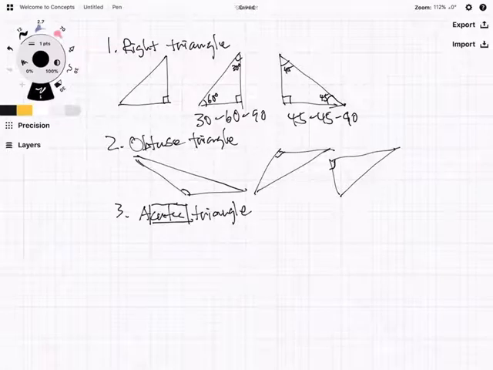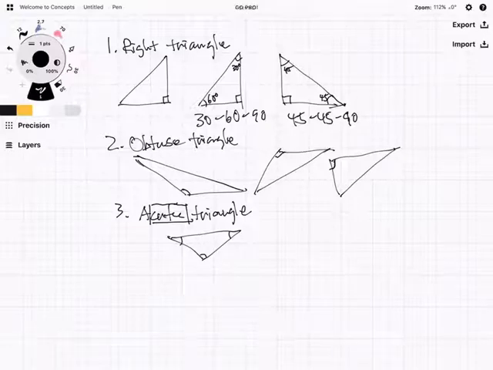You sometimes associate the word cute with things that are small. So you can associate acute triangles with a triangle where every angle is less than 90 degrees. So this angle is less than 90 degrees, this is less than 90 degrees, this is less than 90 degrees.